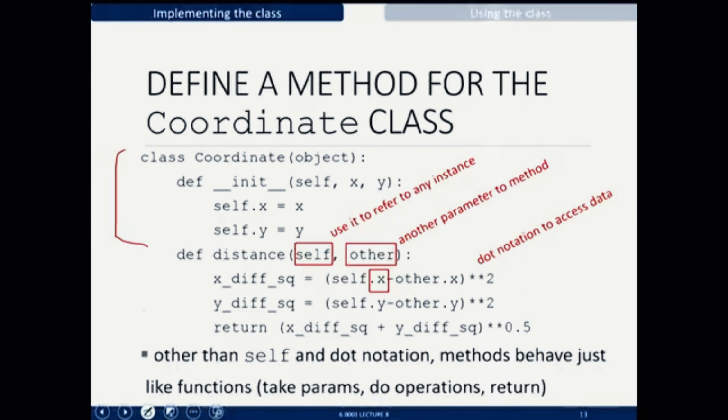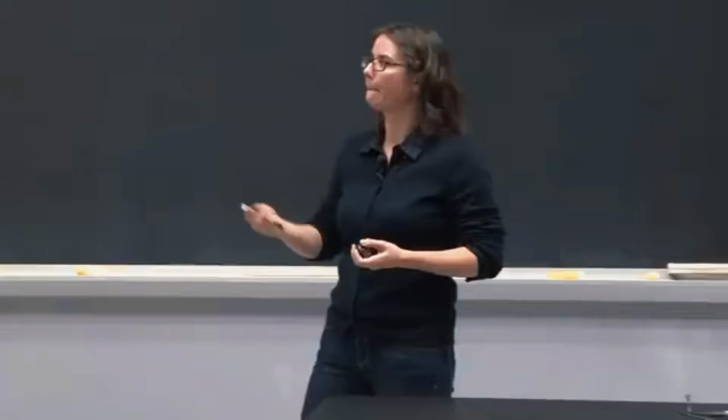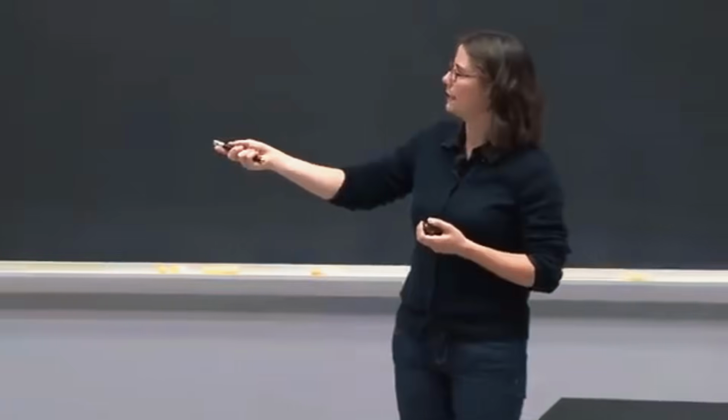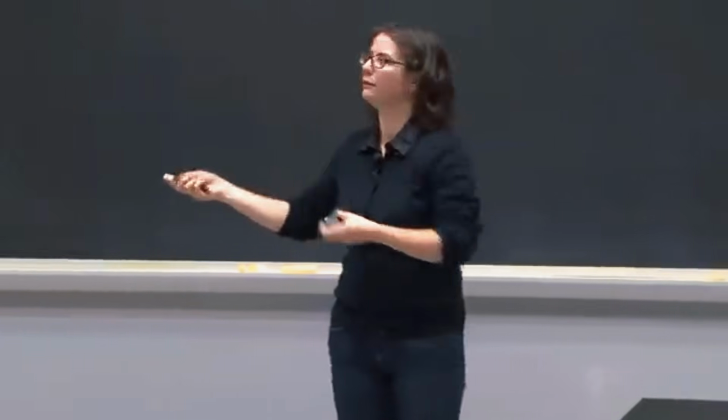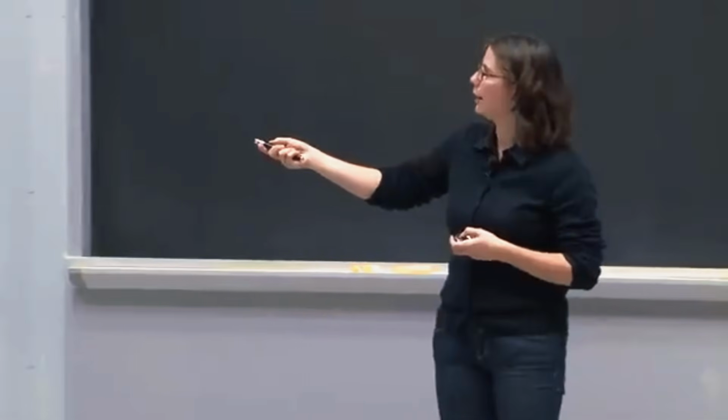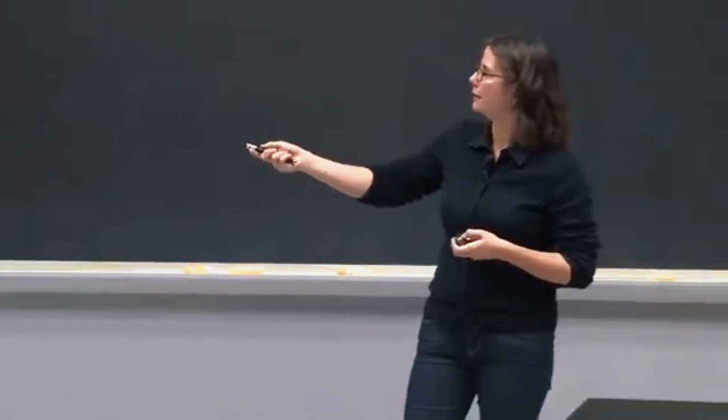So as we're thinking about classes, you always have to refer to whose data attribute you want to access. In this case, I want to access the x data attribute of myself, and I want to subtract the x data attribute of this other coordinate, square that, same for y, square that, and then add those and take the square root of that.